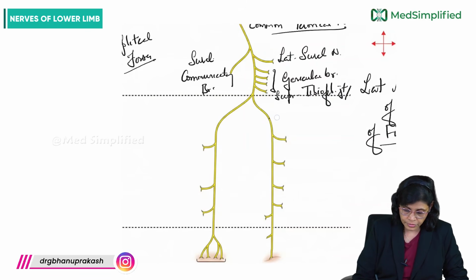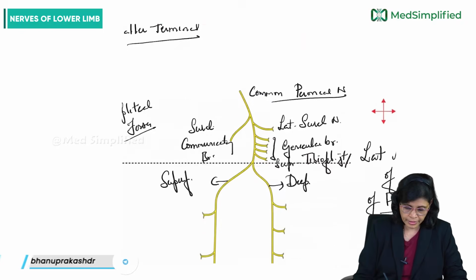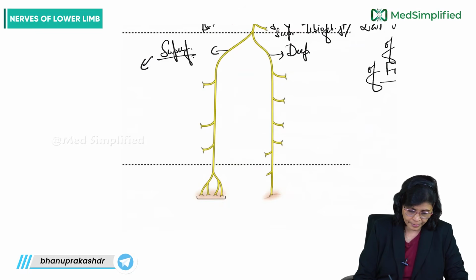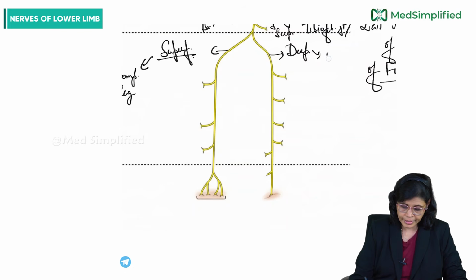Then it divides into deep peroneal and superficial peroneal. The superficial peroneal is the nerve of the lateral compartment of the leg, or the peroneal compartment. The deep is of the anterior or the extensor compartment of the leg.